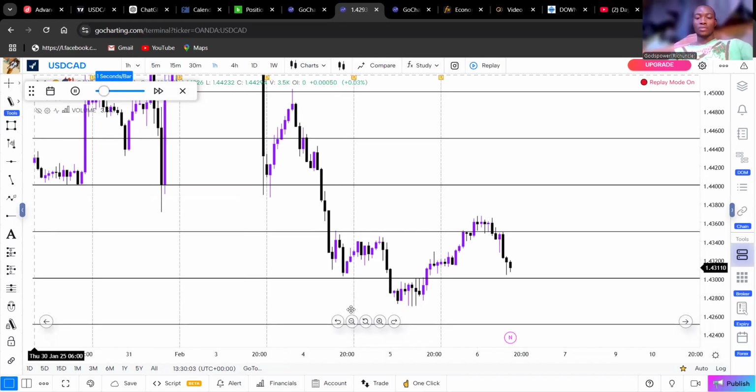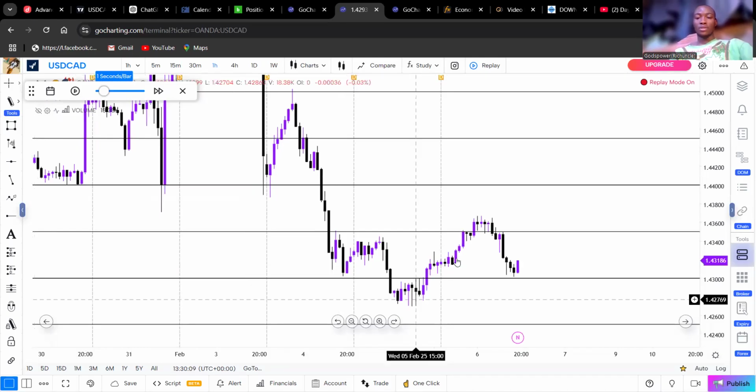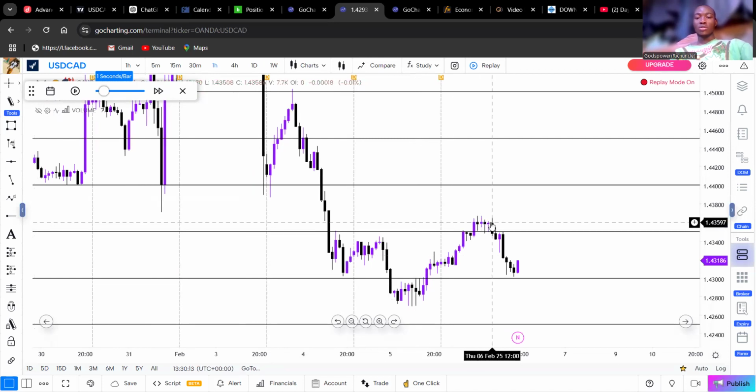Guys, can you see what happened? This was a reversal pattern: impulse, retracement, impulse. Now, on getting to this zone, some people call this place a fair value gap and the like.